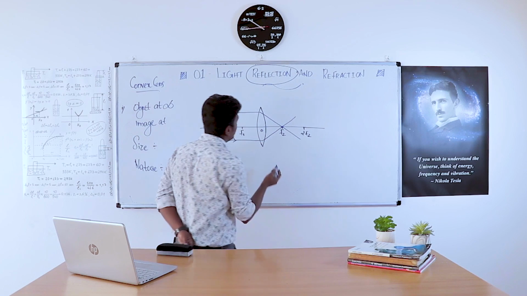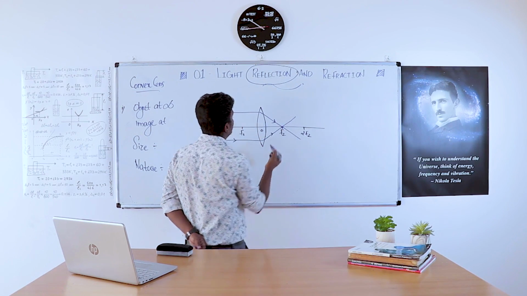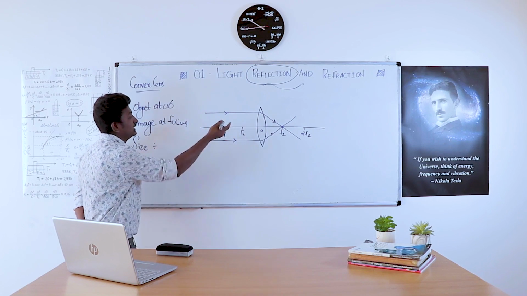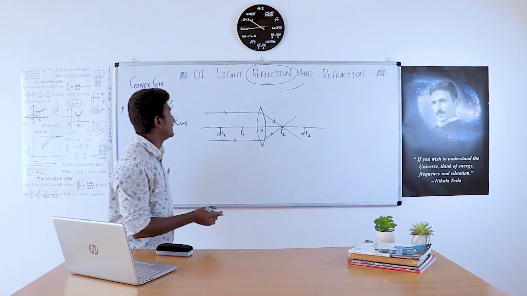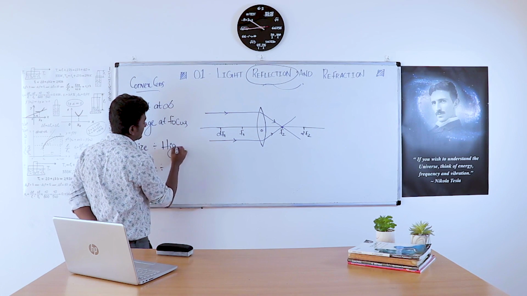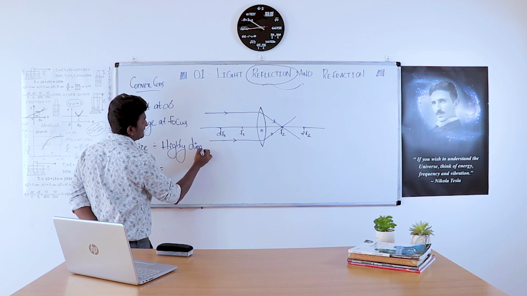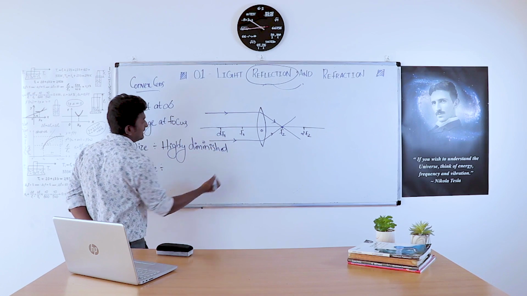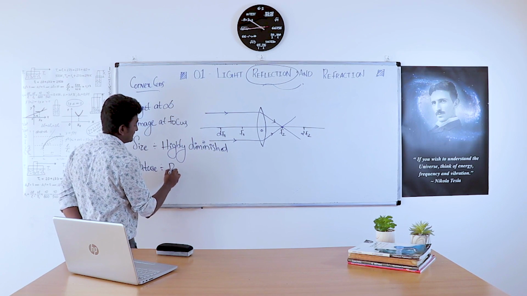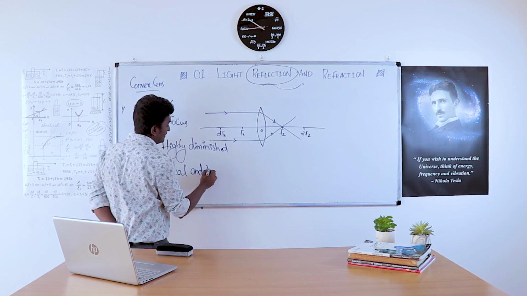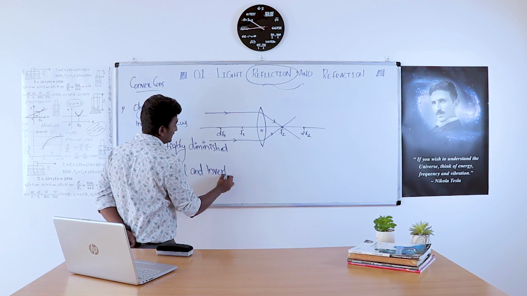So where is the image formed? Image formed at the focus. So we can say that image at the focus. Now look at the size of the image. Size of the image is highly diminished, and the nature of the image is real and inverted.